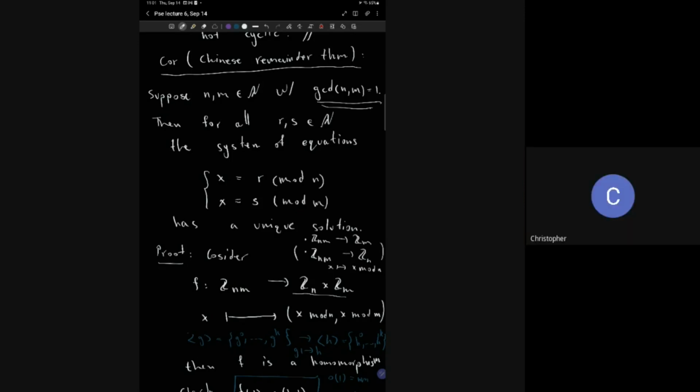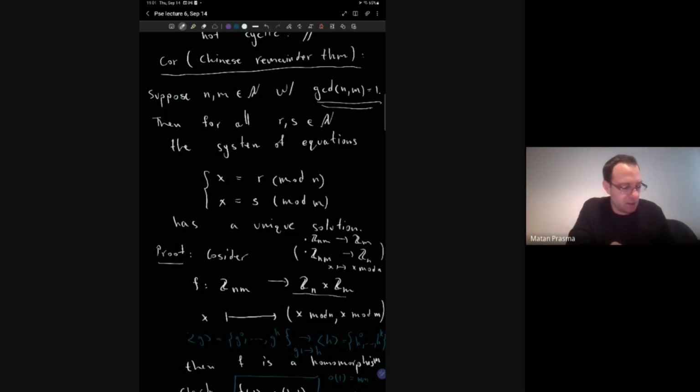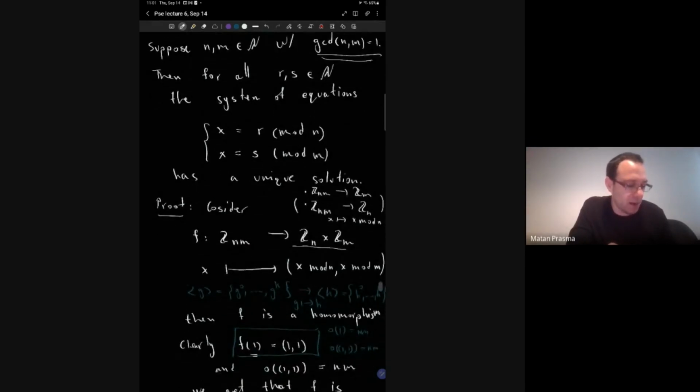So if it is generated by (1, 1), then it means that the order of (1, 1) is simply n times m, right? It generates a group of size n times m.